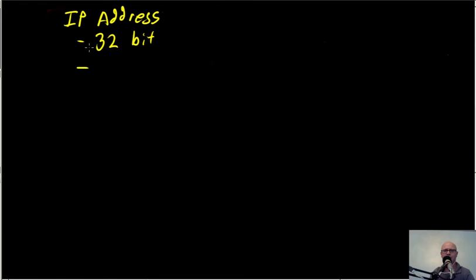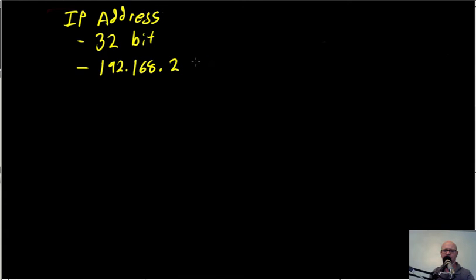It's 32 bits long, and they separate it into 4 chunks, or 4 octets, of 8 bits apiece, and IP addresses are normally expressed in a dotted decimal format. So you might see something like 192.168.2.34 as an IP address.